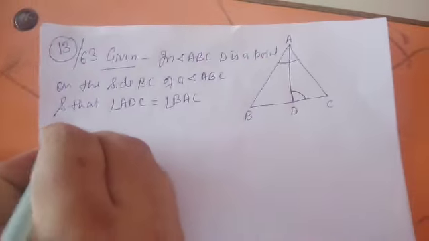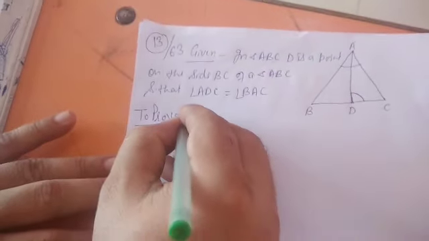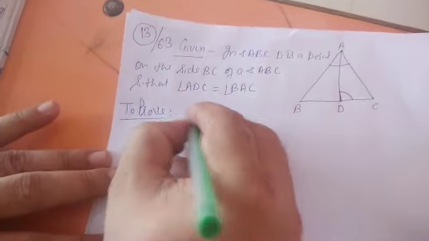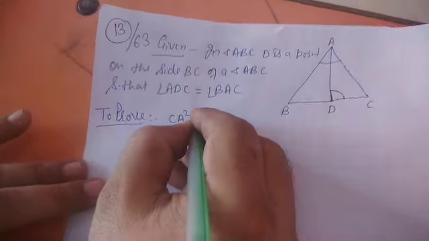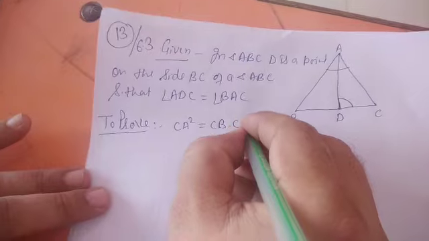To prove what? To prove CA square is equal to CB into CD.